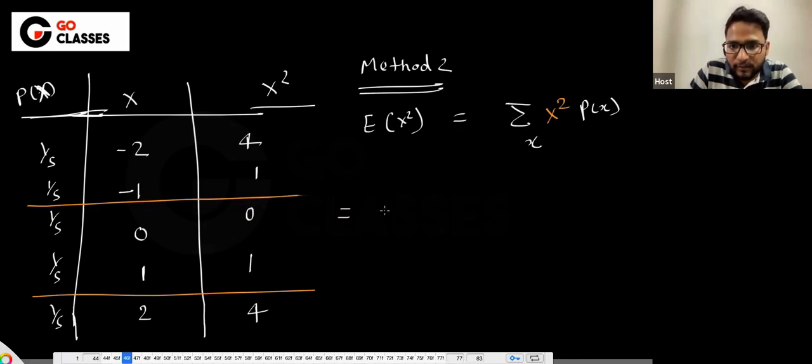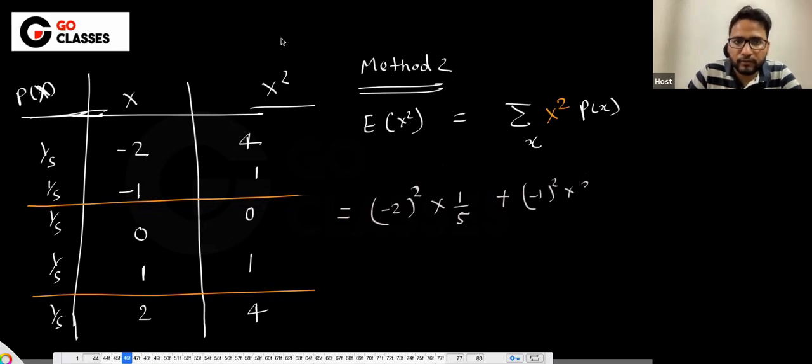X is -2, then it will be -2 square into, can you tell me what I should be writing here? Into 2 by 5 or 1 by 5? 1 by 5, yes. So it is basically the PMF of x only. X value could be -1 square into 1 by 5.